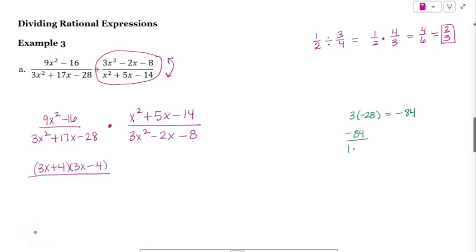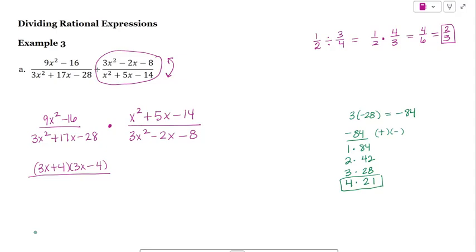I can do 1 times 84, 2 times 42, 3 times 28, 4 times 21. I think I'm going to go with 4 and 21. I want them to be 17 apart. One of the factors needs to be positive and one needs to be negative.